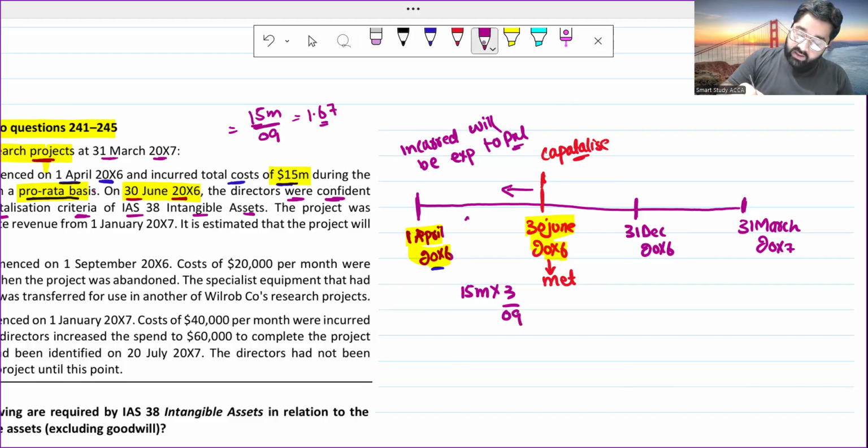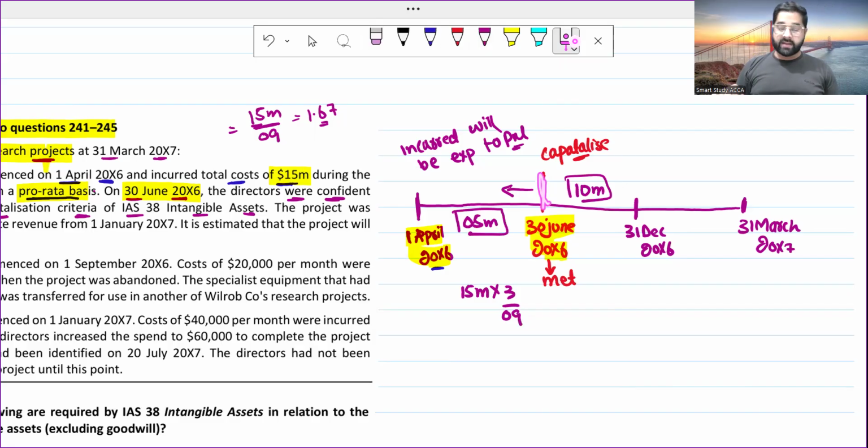So a cost of 5 million will be expensed to profit or loss, and the rest of 10 million will be capitalized as an intangible asset, right? Because the capitalization criteria have been met on 30th June 20x6. The total cost is 15 million, in which 5 million will be expensed to profit or loss, and the rest of 10 million will be capitalized as an intangible asset.